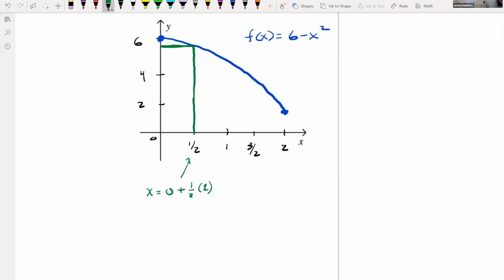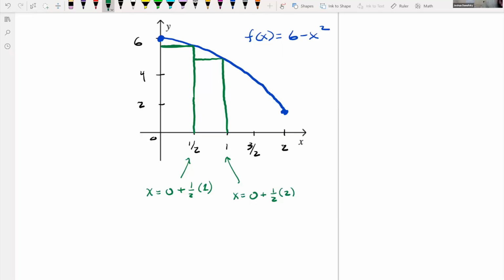Okay, the next right endpoint is going to be here at 1. And how did we get that x value? We started at 0, and we added 1/2, which is delta x, times 2. We started at 0. If we add 2 times a half, we get to 1.